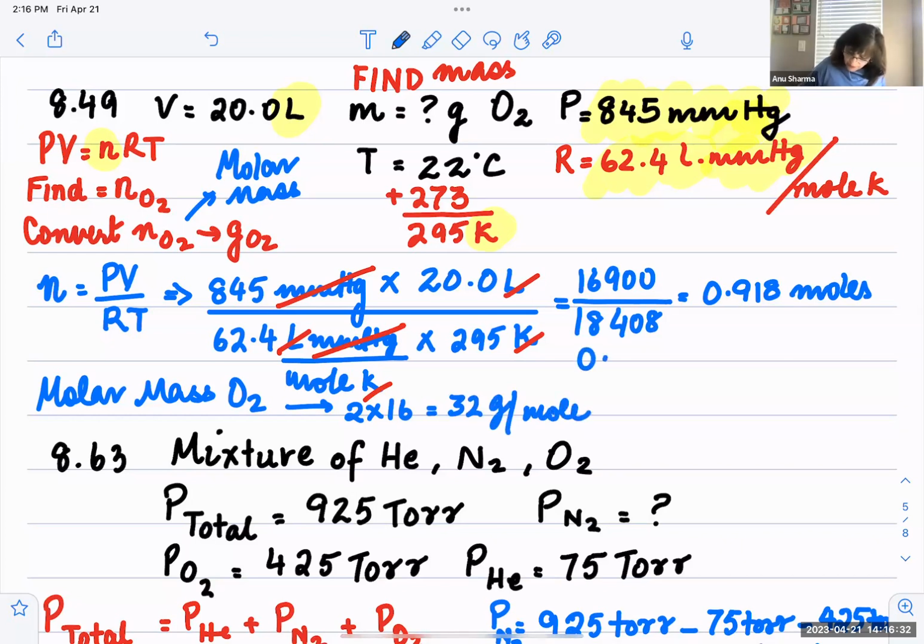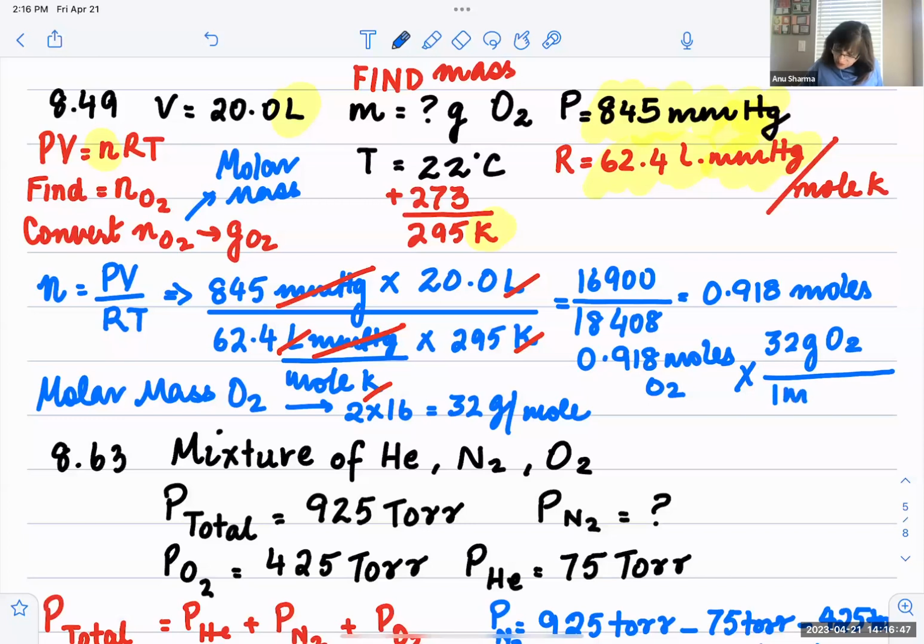So 0.918 moles of oxygen times 32 grams of oxygen present in 1 mole of oxygen. 0.918 times 32 gives you 29.378.